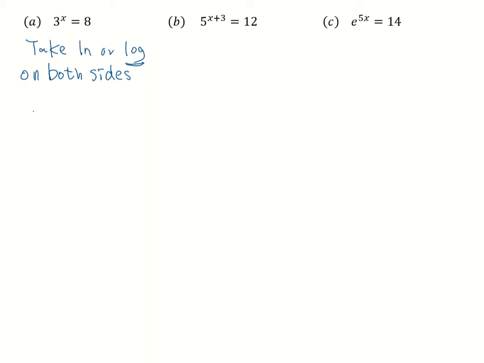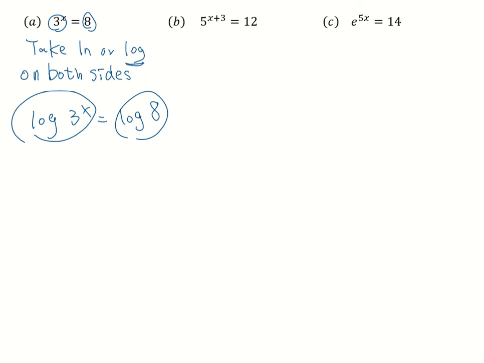We'll have log of 3 to the x on the left side, equals log of 8. The reason we can do this is because the log function is a one-to-one function. Since the two inputs are the same, we can say the two outputs are the same.